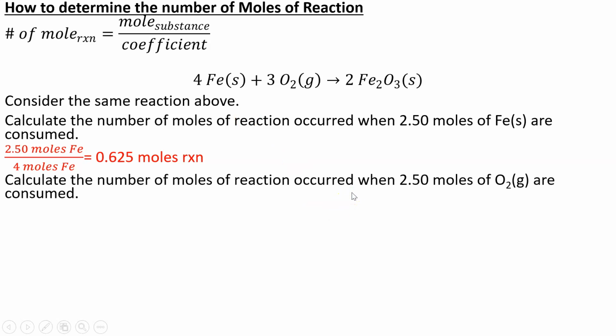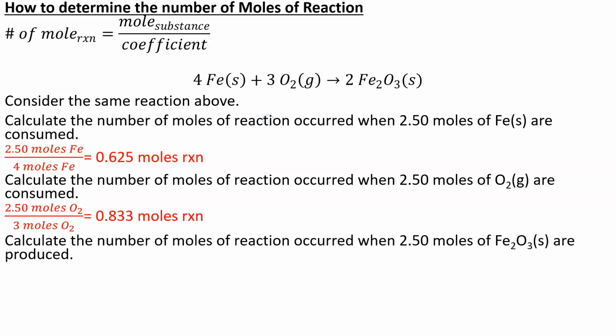The next part asks us to calculate the number of moles of reaction that occur when 2.50 moles of O2 are consumed. So I have 2.50 moles of O2. Find the coefficient for O2, which is 3. It's going to be 2.50 moles of O2 over 3 moles of O2 to give us 0.833 moles of reaction.